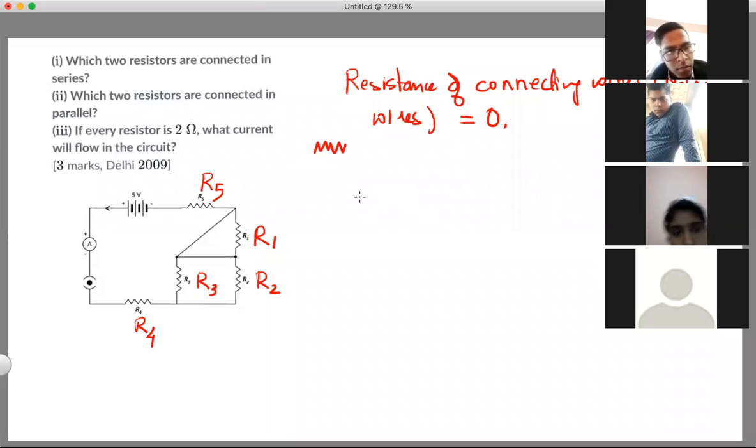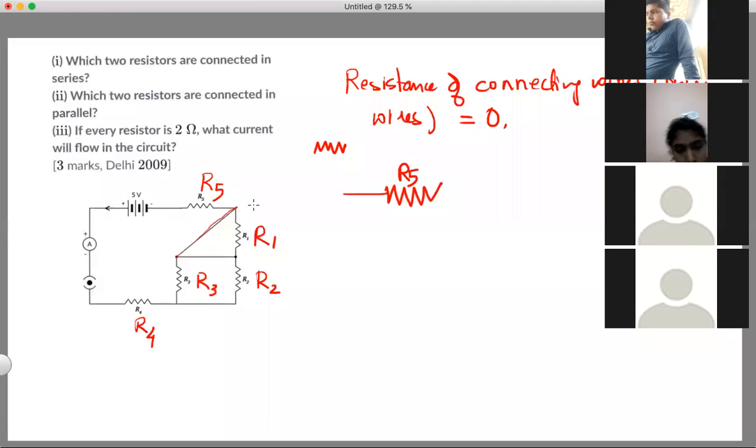तो अब देखिए ये क्या बन जाता है हमारा सर्किट। सबसे पहले R5 है, नो इश्यूज। अब देखिए ये पॉइंट और ये पॉइंट, they are one and the same points because there is no resistance in between.